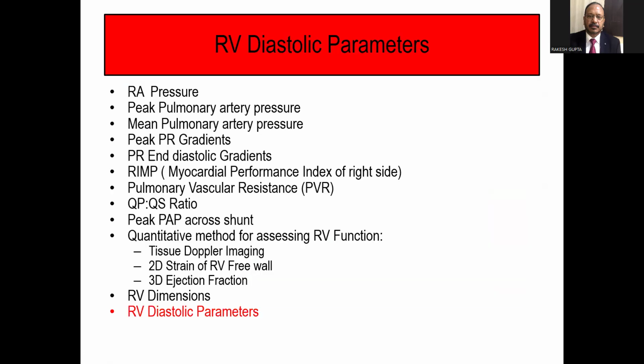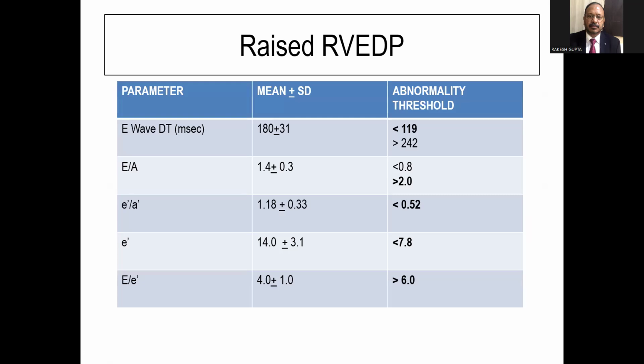RV diastolic parameters are sometimes very, very useful. But at your level, just remember, as we do for the LV, if you happen to find an E/A ratio more than 2, like tall E, small a, then think we are possibly dealing with raised right ventricular end diastolic pressure. This is one of the methods.